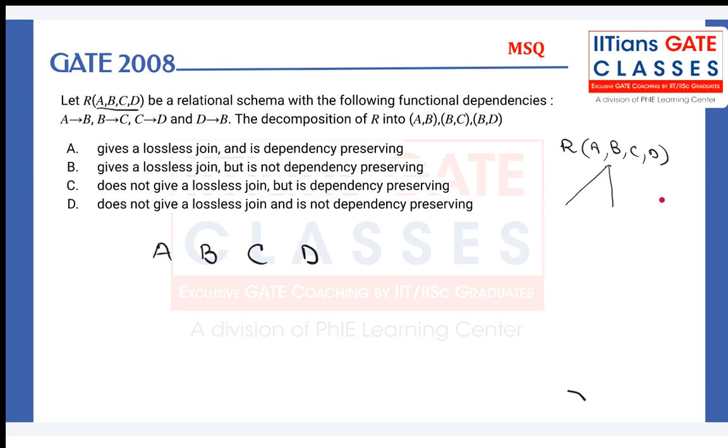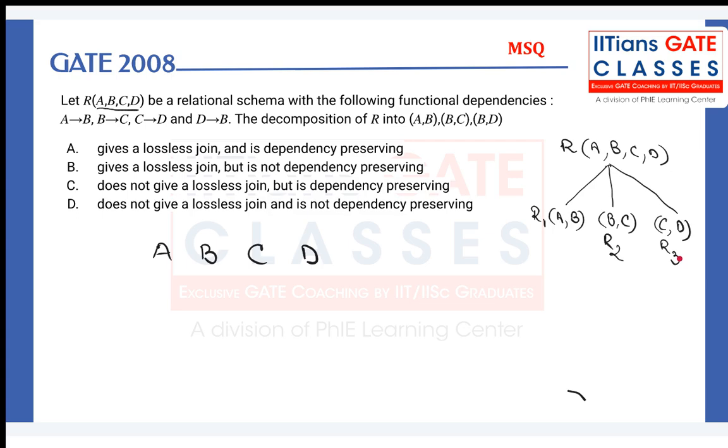One contains A, B, another contains B, C, and another contains C, D. So they have broken it into R1, R2, R3, and that you will write in the rows.